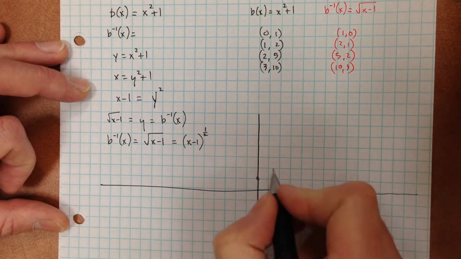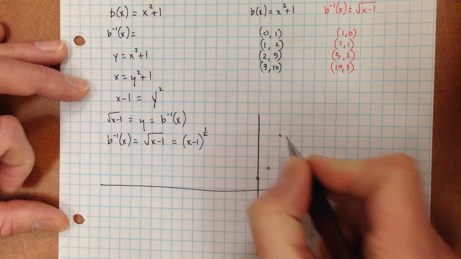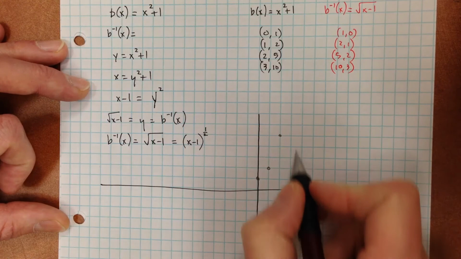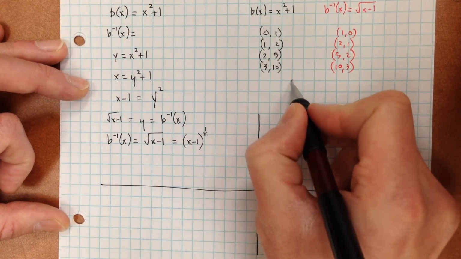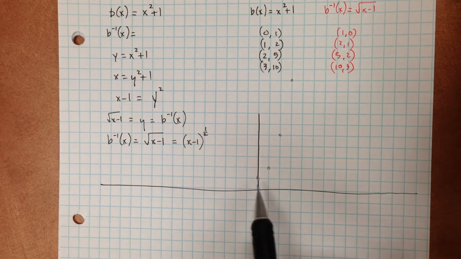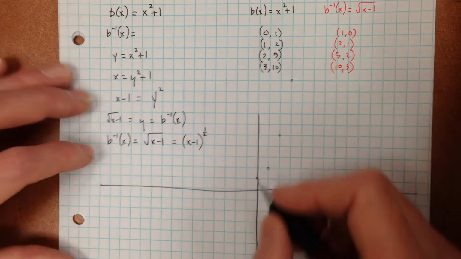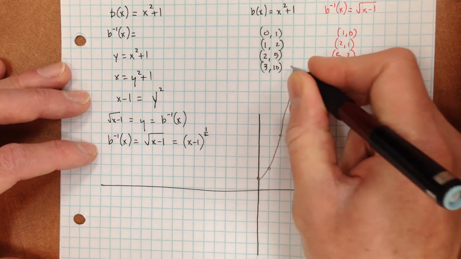I have 1, 2. I have 2, 5. I have 3, 10. Well, what about my negative range over here? Definitely goes into that negative range, but I just want to look at this positive range for 1 second.